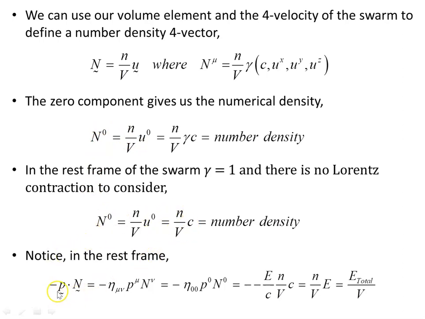Now notice in the rest frame, minus P dot N, minus the Minkowski metric, P_mu N_nu, only the 0 components show up, and we have this object, n over V times E, is now n times E. Remember, there are n of the particles.